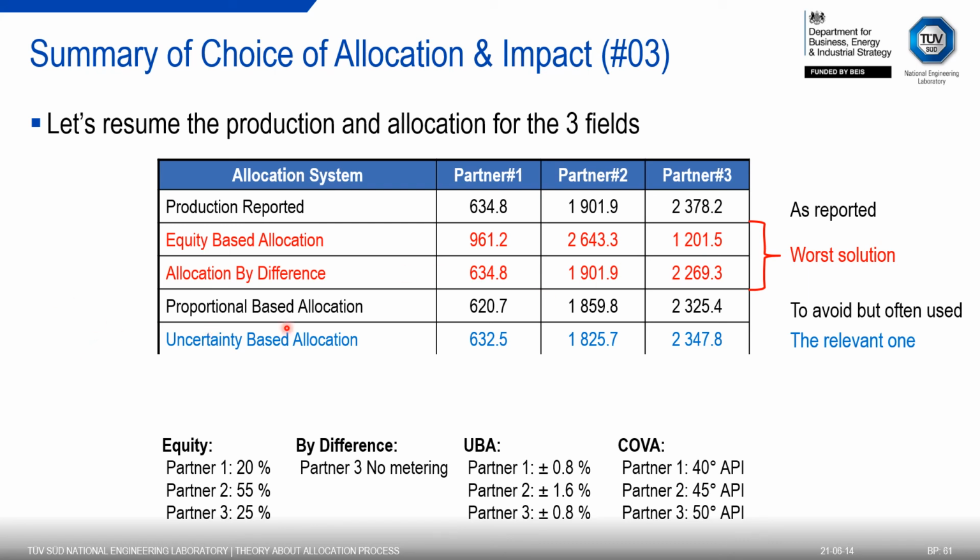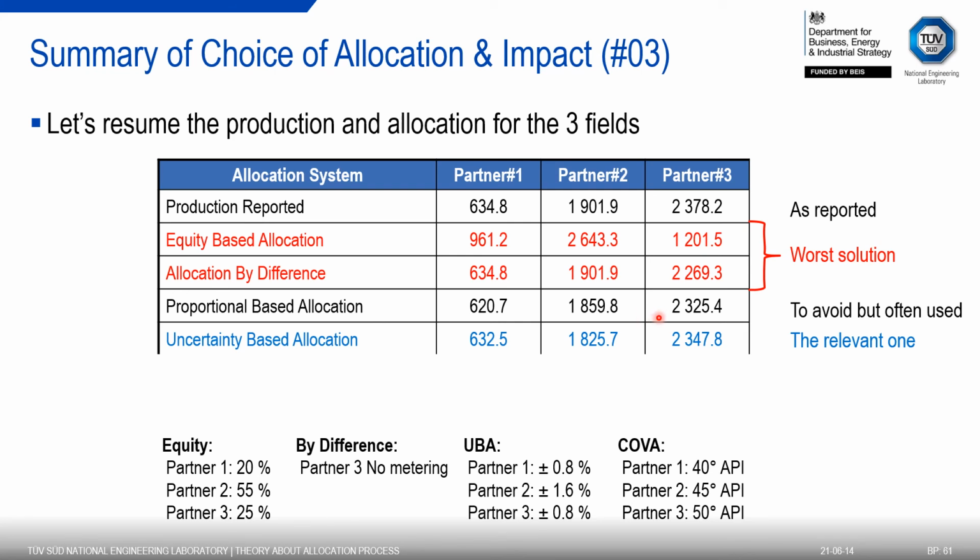I use the equations that I presented to you before, and you can see that partner 1, or unit 1, was claiming 634, and in one case it's 621 and 633 in this case, following the allocation system that you use.